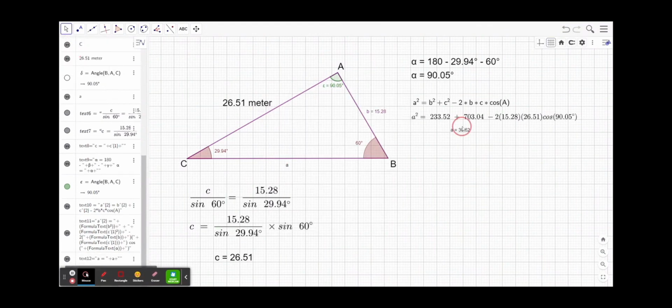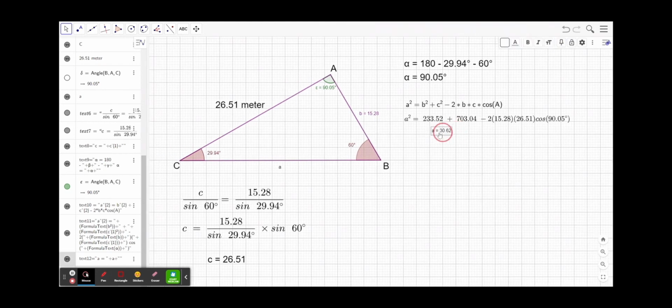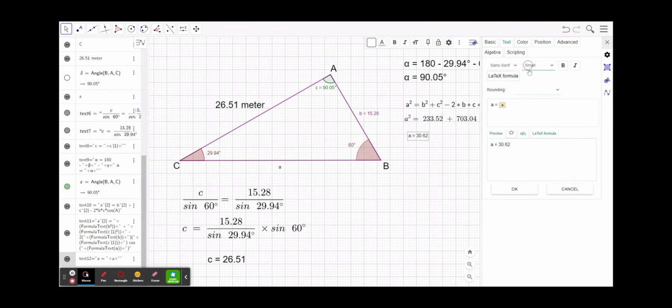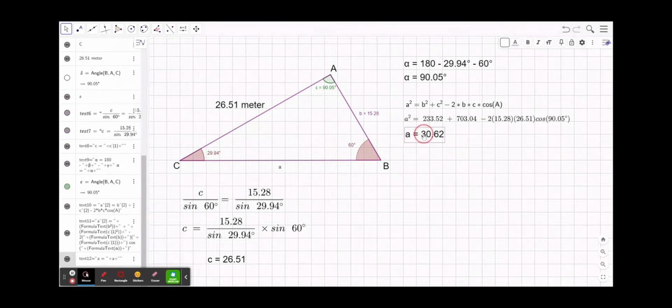Thus, the distance between the walls of Mr. Danny's house is 30.62 meters. Therefore, that is all for question A.